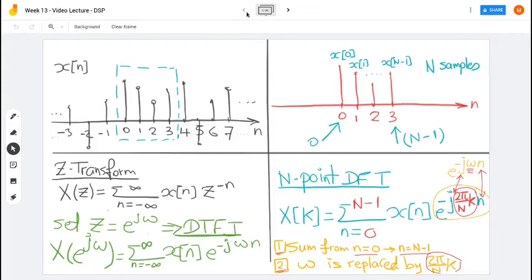And the second difference, instead of dealing with continuous frequencies omega, we will deal with discrete frequencies defined as 2 pi over N times k.